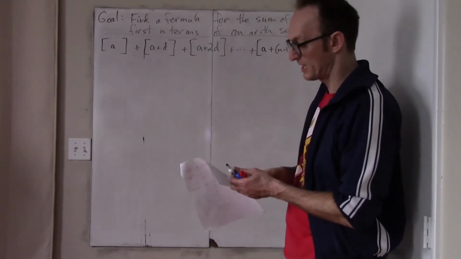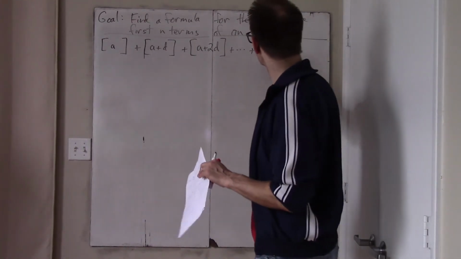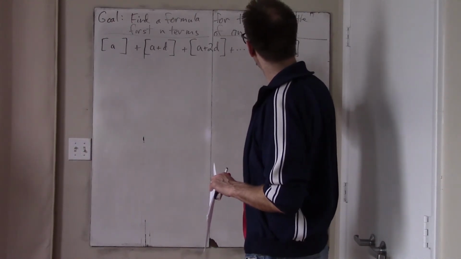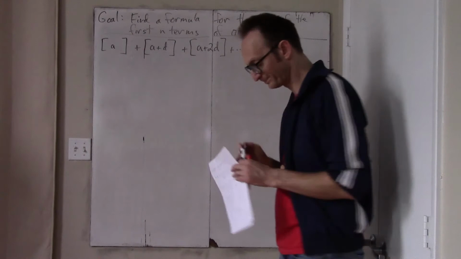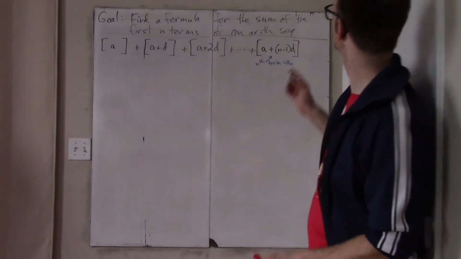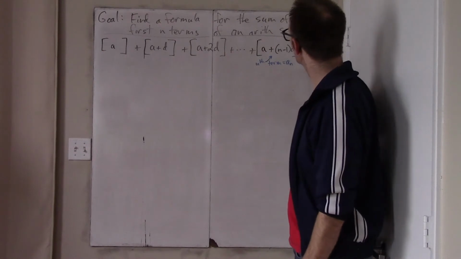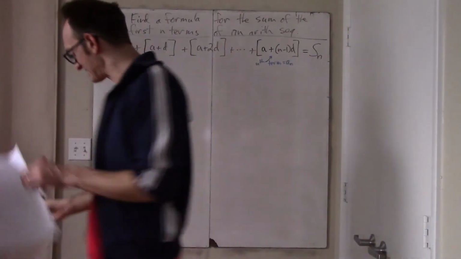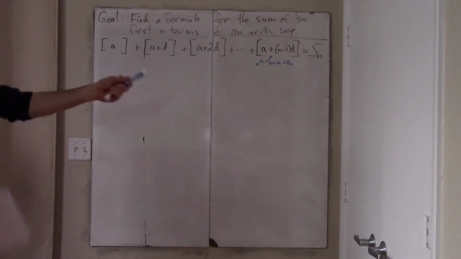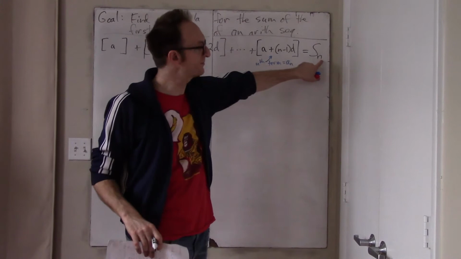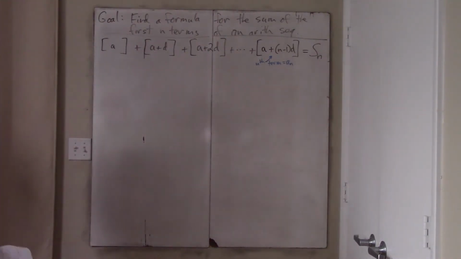So this right here is, let's not forget, the nth term, otherwise known as a sub n. And what is this? I want to know what this sum is. So let's agree to call this S sub n. The subscript says that S is for sum, so this is the sum of the first n terms.